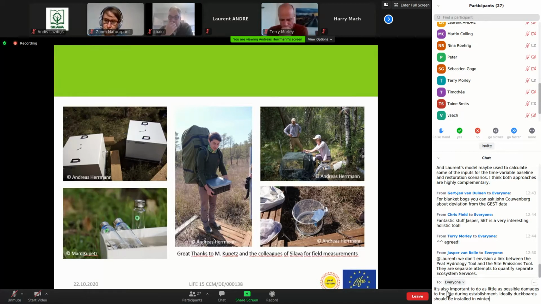So we cannot say that it matches or fits with the Estonian or Baltic countries. So we have to measure greenhouse gases to compare with the GEST table. Yes, and this was another task. We have to use it.